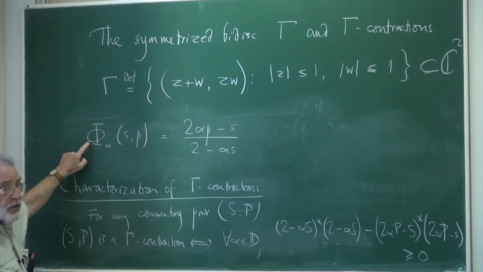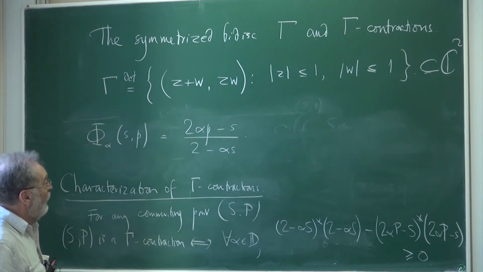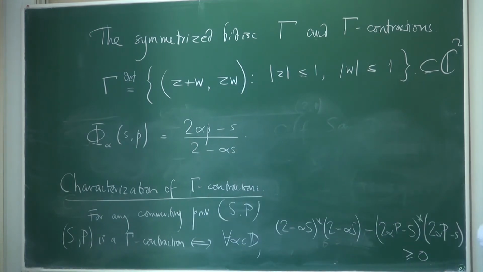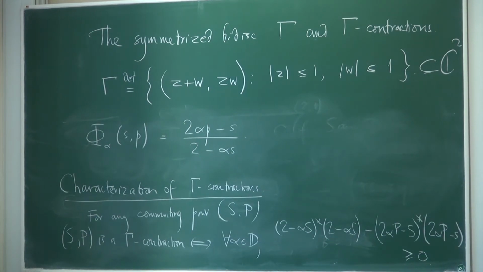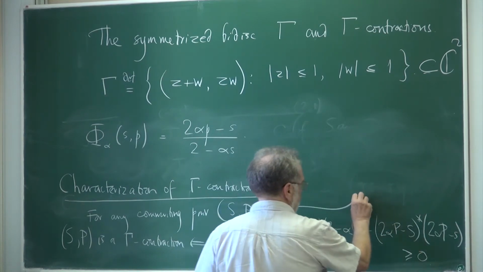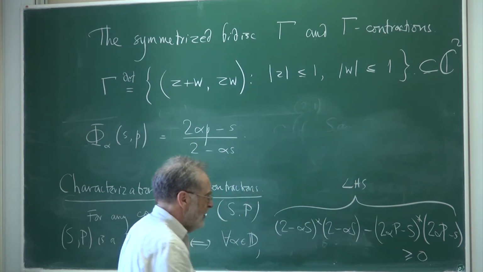So remember we've got these functions phi sub alpha. So let's observe this quantity here. Let me call that the left-hand side of this inequality.